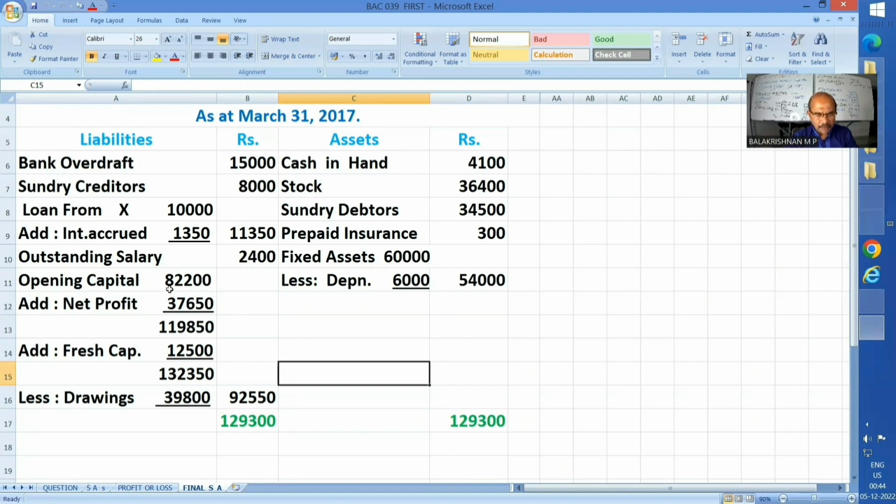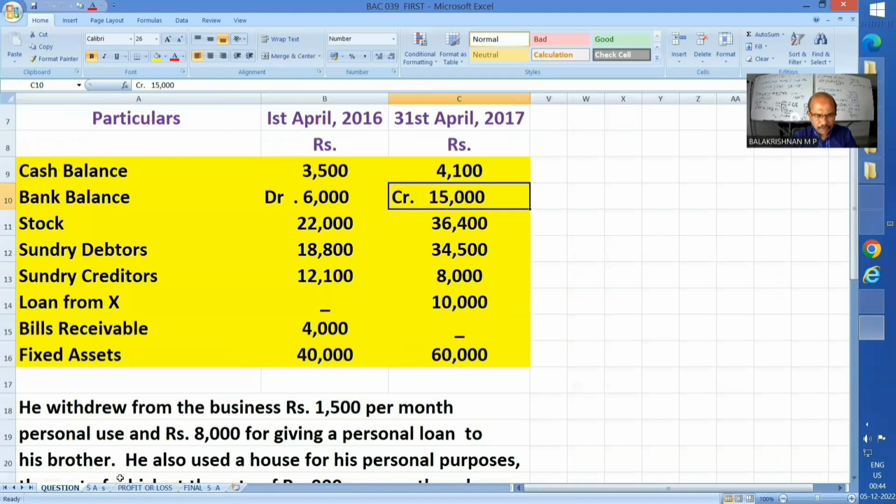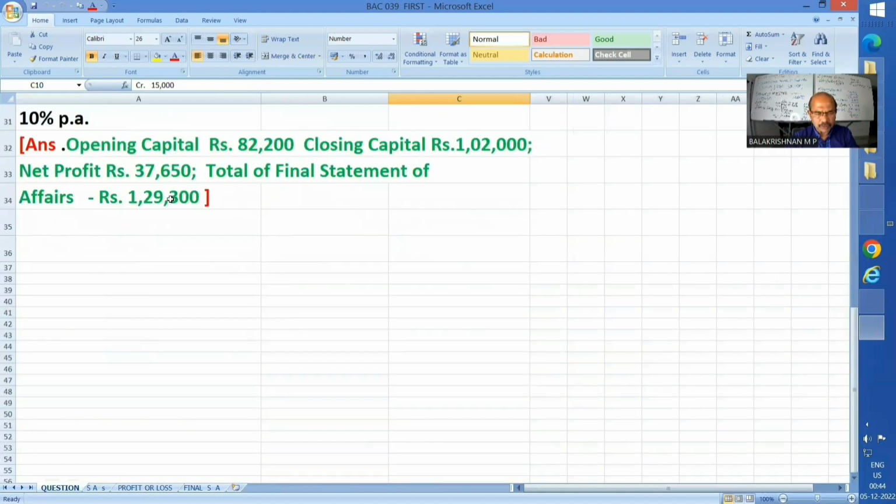Calculation being opening capital 82,200, add net profit, add fresh capital introduced, less drawings. Okay. That being the case, the total of our balance sheet is 1,29,300 each. That we are verifying here. Yes. So that's all. I hope I have fully explained each and every element of this sum.